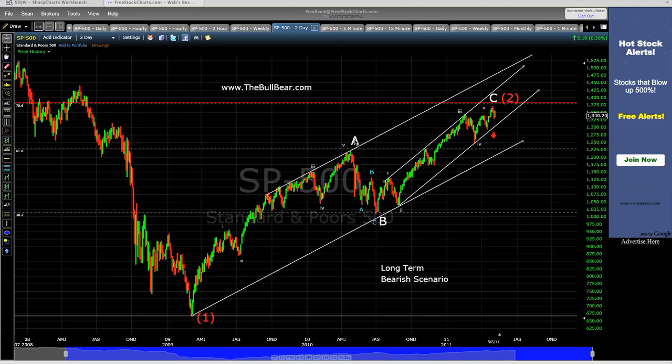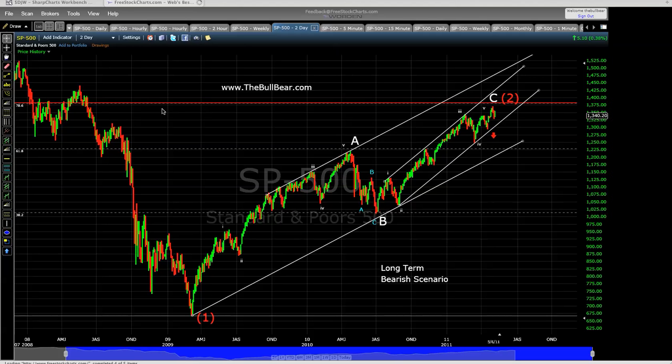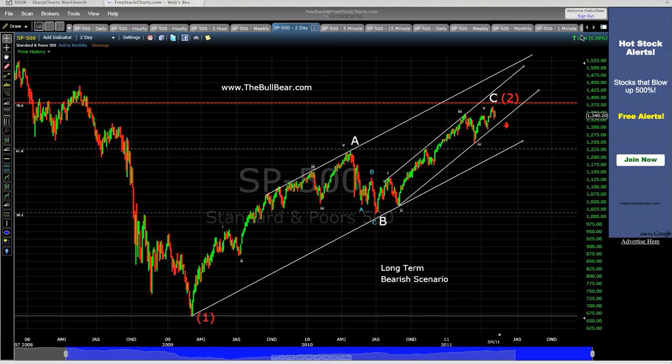You've got an A wave up, B down, and we're in C. C came up a little bit short of the 78.6 Fibonacci retracement of the move from the 2007 high, and now we're in an ending 5th, ending diagonal 5th right now, and then when we break this trend line here, we could pretty much say that the bear market has resumed. So here we are in this 5th wave environment.